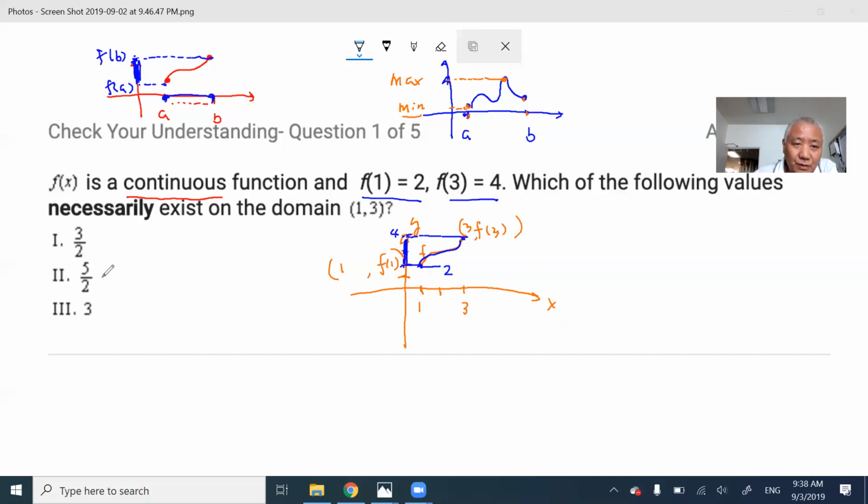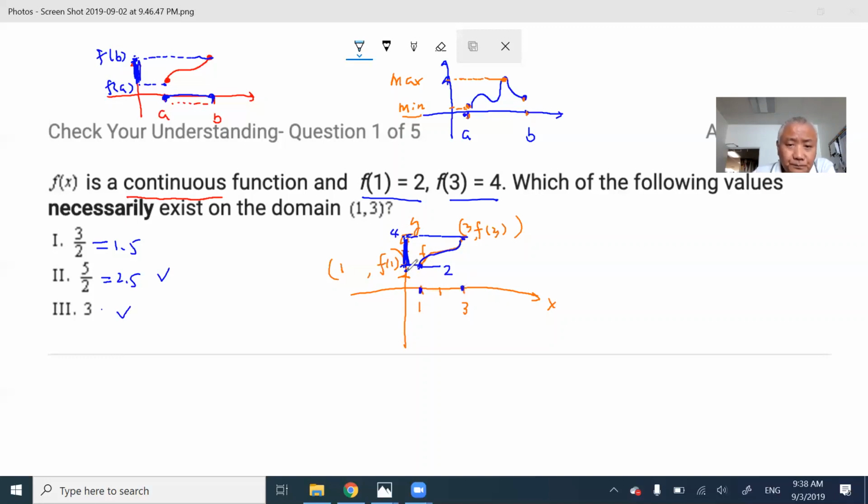So this one equals 2.5, okay, and this one is 3, also in between 2 and 4. That's good. Any value between 2 and 4 will be a good one. But this one is only 1.5, and this 0.4 somewhere here is beyond the function values between f(1) and f(3).